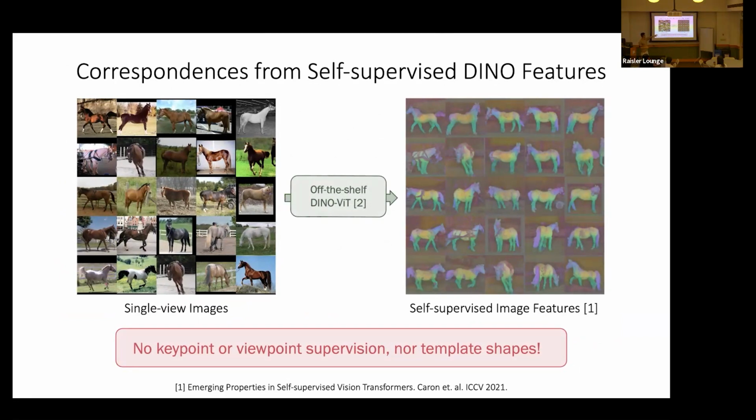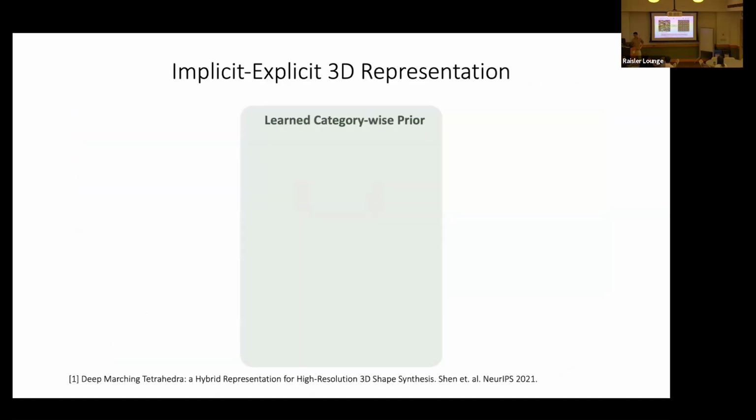You would see the legs are clustered into a green color, the body is yellow, and the head is purple. So these are correspondences that emerge from these self-supervised features. And immediately, if you see this picture, you start to wonder, if you have these correspondences, can you start registering them, reason about the underlying 3D model, and register them in the canonical space? So that's kind of what we did.